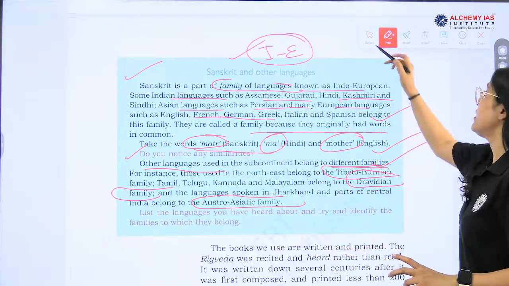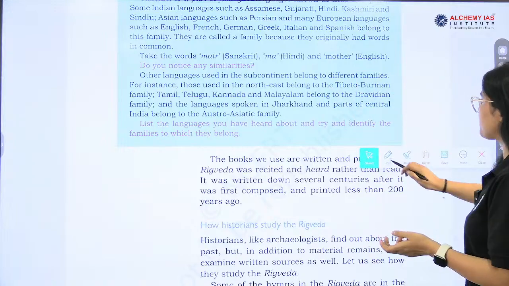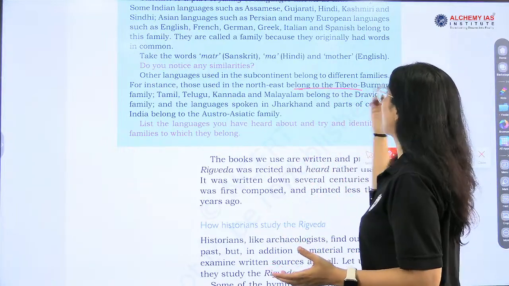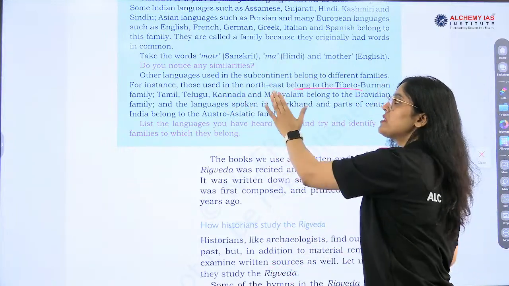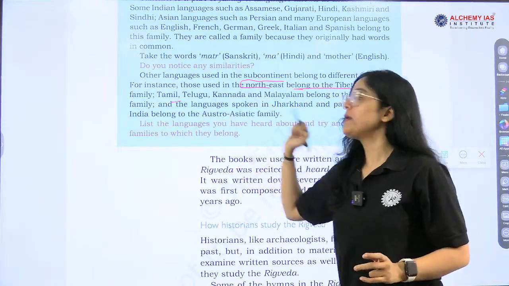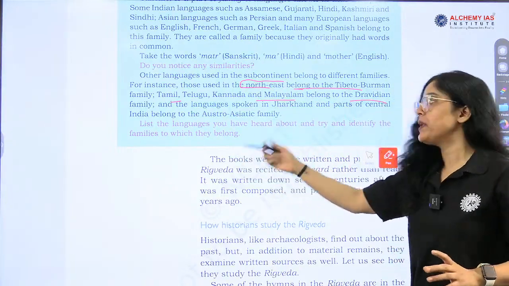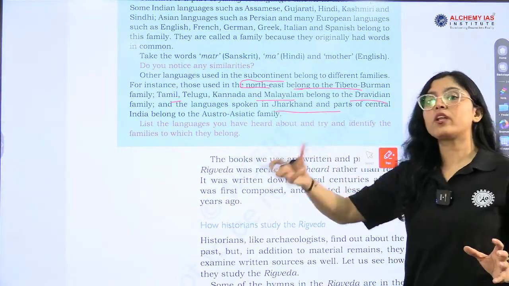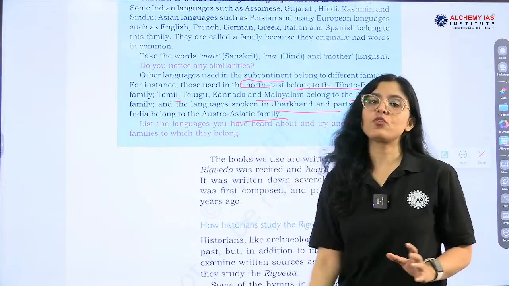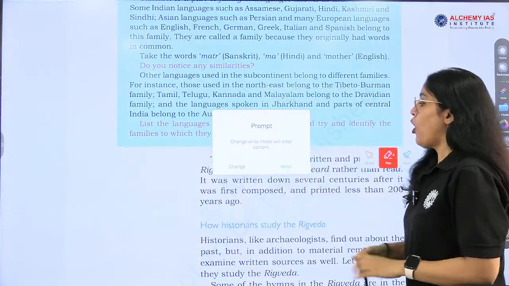So these are the other kinds of families. What about other languages of the subcontinent? Those used in the northeast belong to the Tibeto-Burman family. Tamil, Telugu, Kannada, Malayalam belong to the Dravidian family. And languages spoken in Jharkhand belong to the Austro-Asiatic family. So this is about the family of languages.